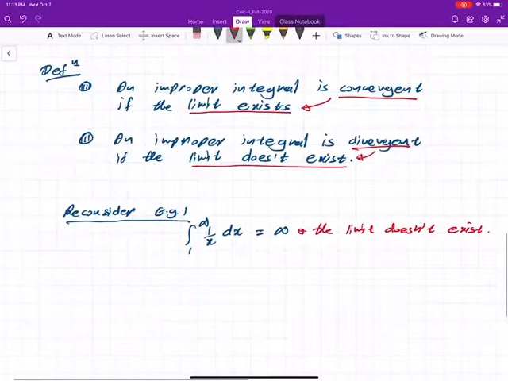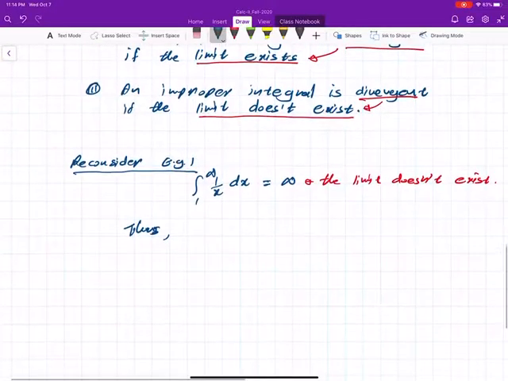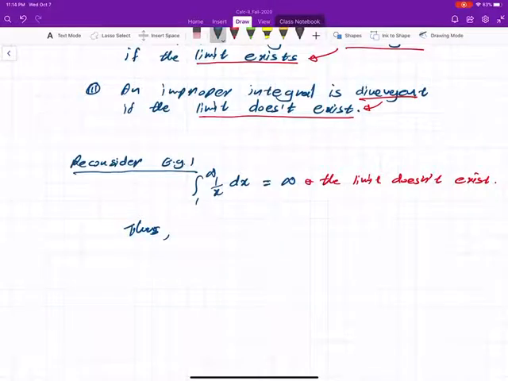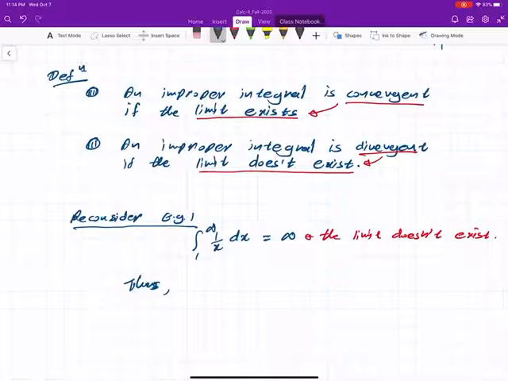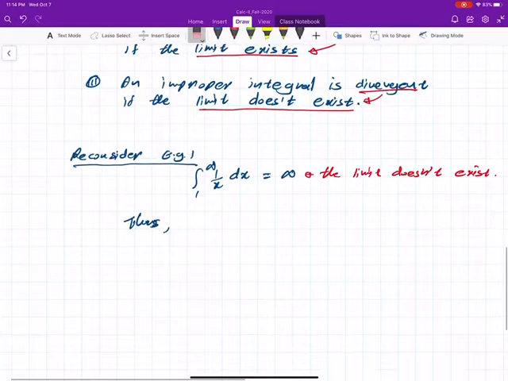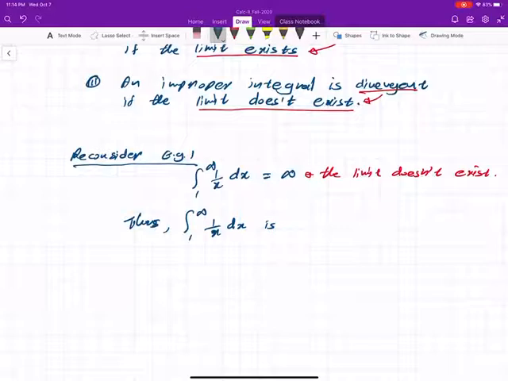Thus, the limit does not exist. If the limit does not exist, that means it is divergent. So what I want to say is that integration from 1 to infinity of 1 over x dx is divergent.